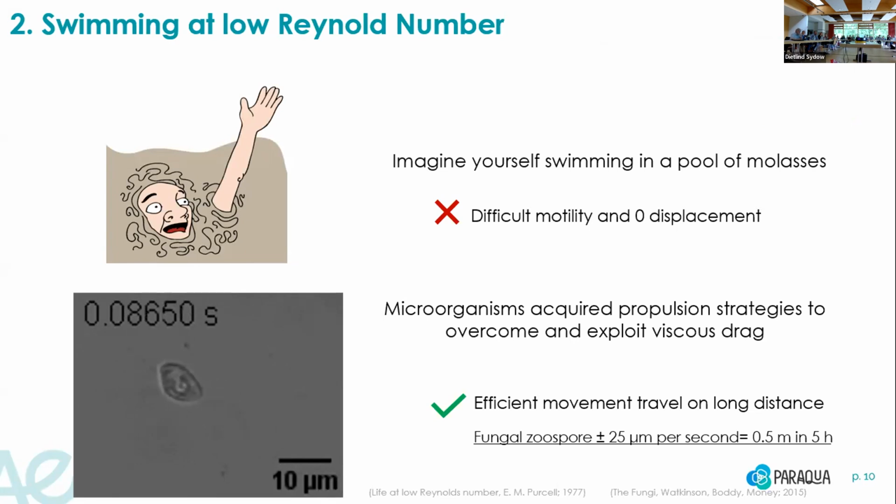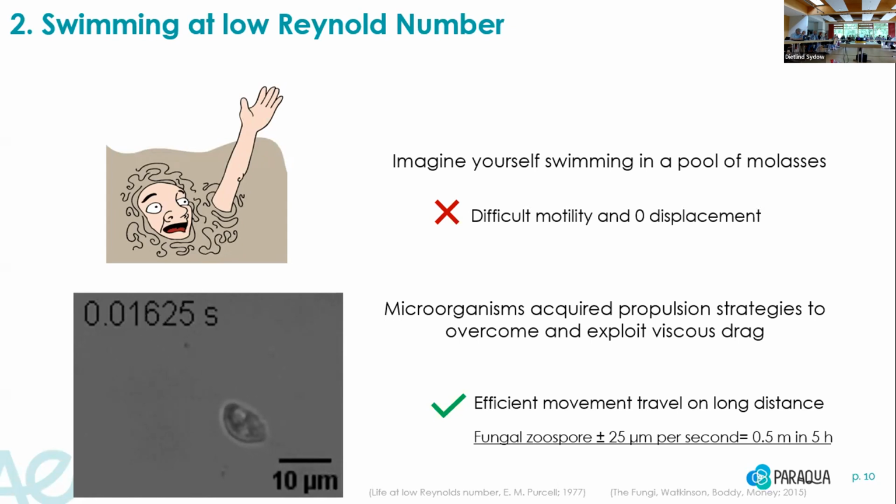As you can imagine, movement in a pool of molasses, a very viscous environment, would be very complicated, and you would probably struggle a lot using your normal motion mechanisms, and probably you would not move at all.